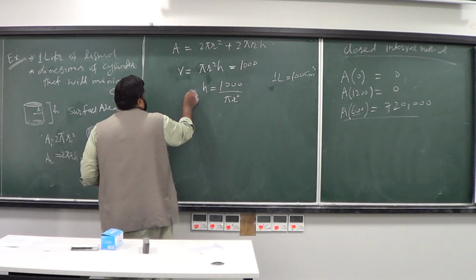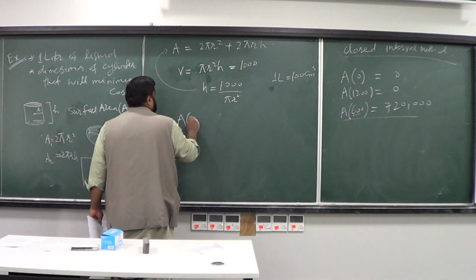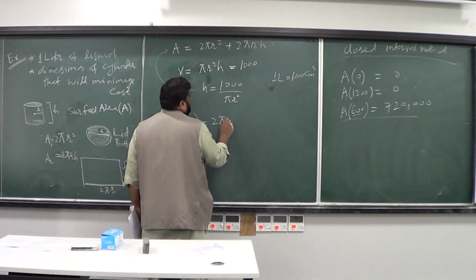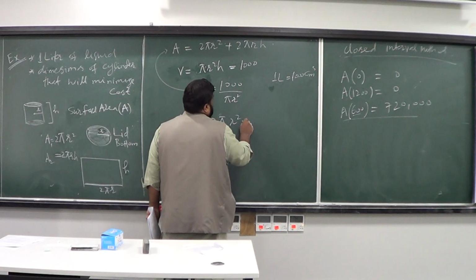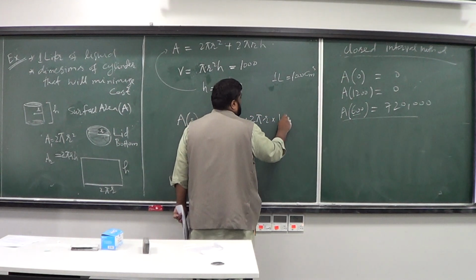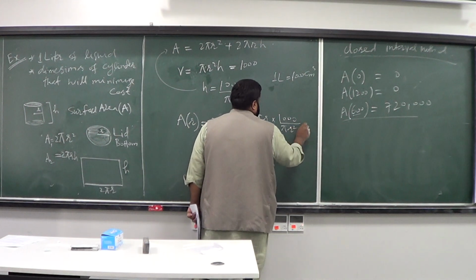So if I substitute this into this equation, then my a is going to be purely a function of r, and this function is going to be 2 pi r square plus 2 pi r times 1000 over pi r square.